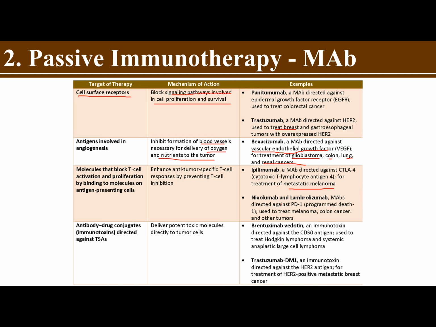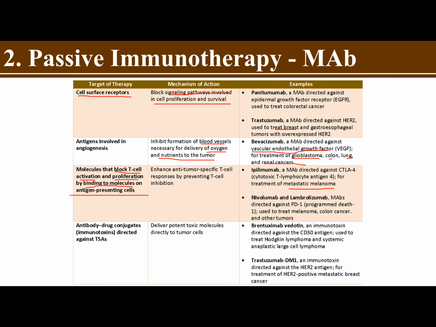The target of the therapy of ipilimumab and nivolumab and lambrolizumab are molecules that block T cell activation and proliferation by binding to molecules on APC. It enhances anti-tumor specific T cell response by preventing T cell inhibition.